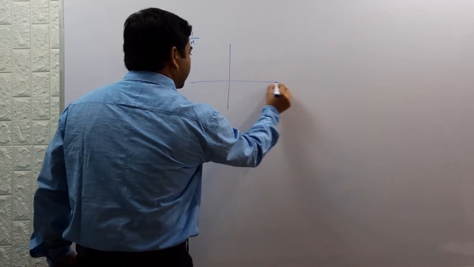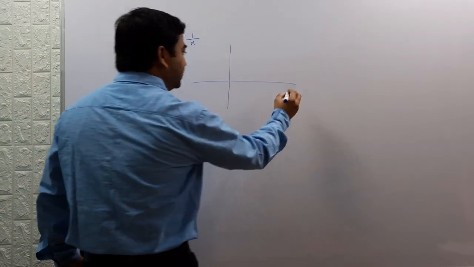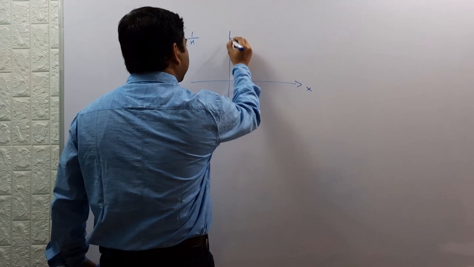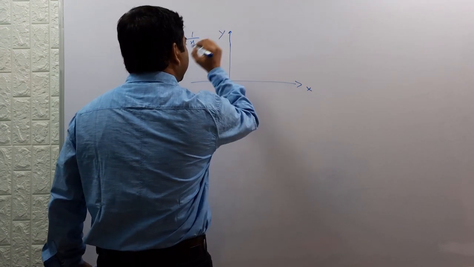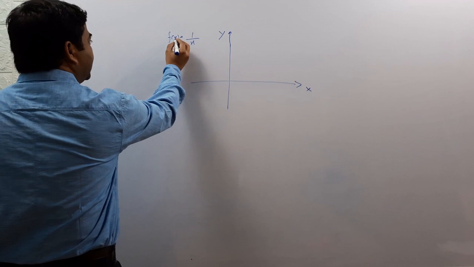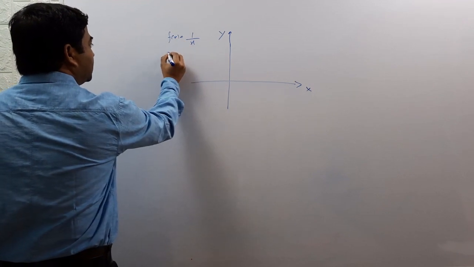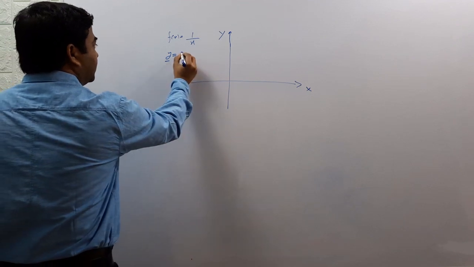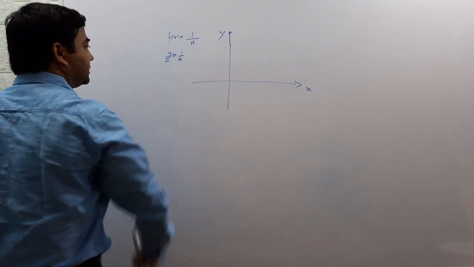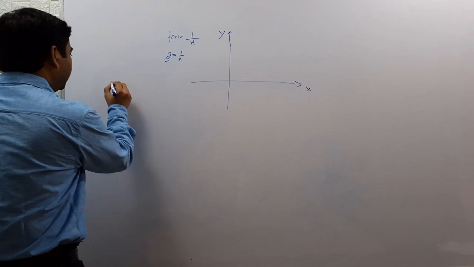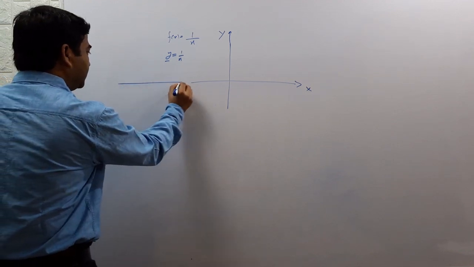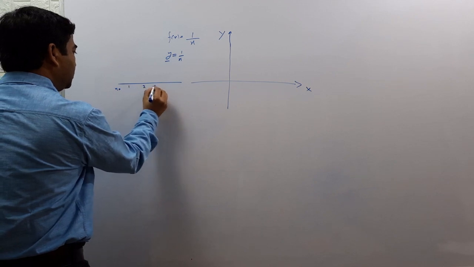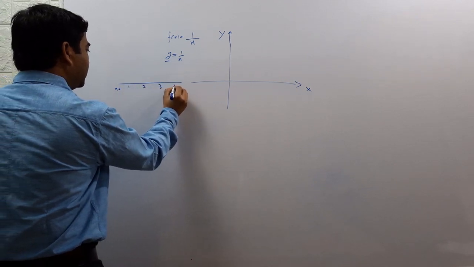Just make the coordinate axes, say this is the x axis, say this is the y axis. This f(x) is also represented as y equal to 1 by x. So make a table, put the values of x equal to 1, 2, 3, 4.